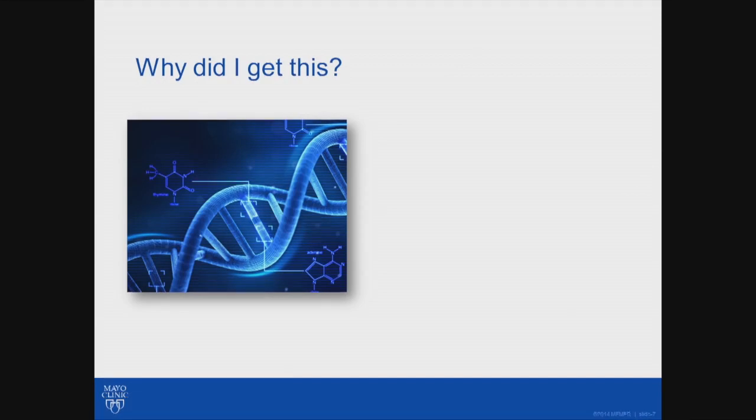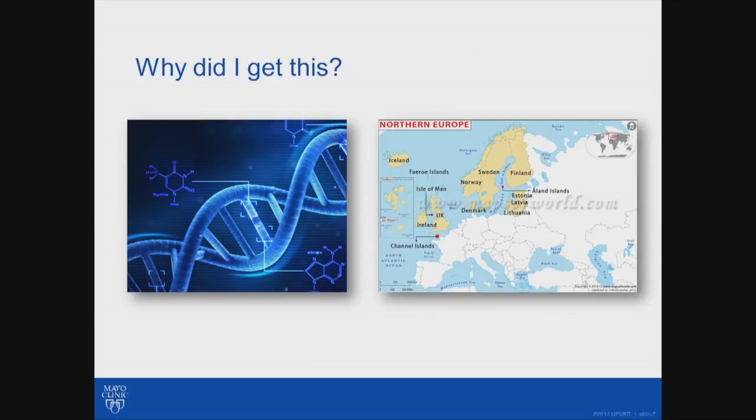But we do know that autoimmune diseases, vasculitis included, do have a genetic component. And in giant cell arteritis, part of that genetic component relates to where people are from. So we know that in Northern Europe, in Scandinavian countries, in other countries like England and other parts of Northern Europe, the frequency of giant cell arteritis is about twice that in Southern Europe.